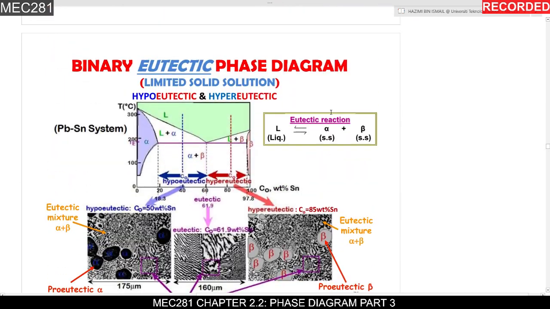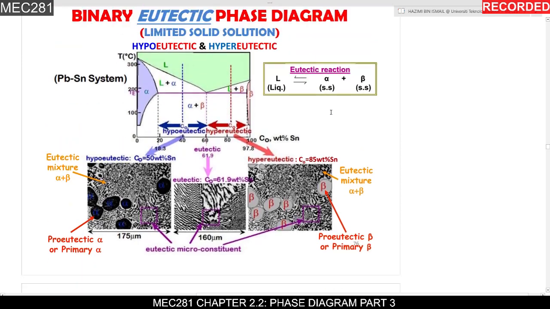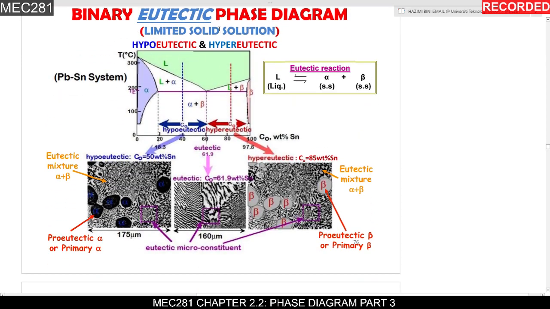Okay, so this is the summary of the binary eutectic phase diagram of the limited solid solutions. Okay, as you can see here, the hypoeutectic on the left side and the hypereutectic on the right side, and hypereutectic you get this microstructure beta, and the hypo here you get the alpha here.